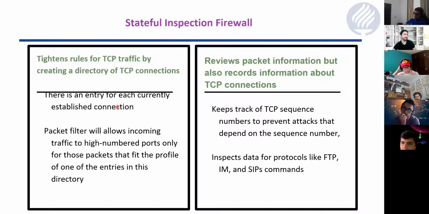The packet filter will allow incoming traffic to a high number port only for those packets that fit the profile of one of the entries in this directory, your established connection directory. So basically you keep track of TCP sequence numbers to prevent attacks that depend on the sequence number.